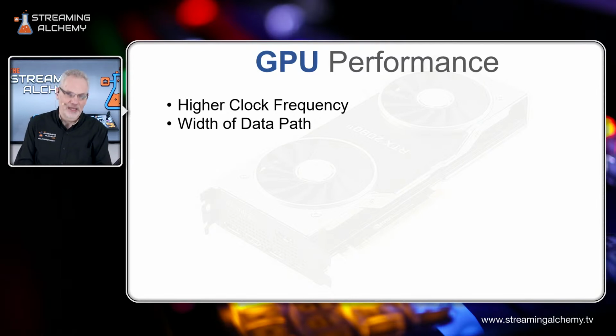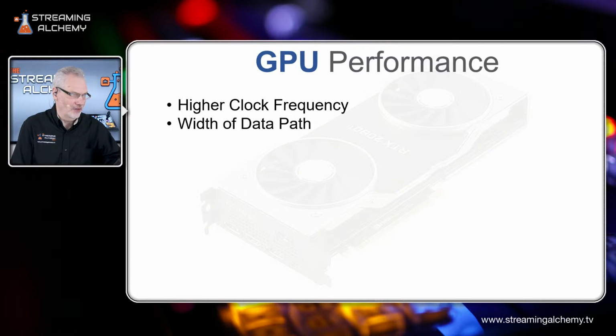Now, this is something that most people don't talk about, but the data that gets onto your GPU has to come from somewhere else. So when I'm streaming, it's using the PCI bus to pull that data, orchestrated by the CPU, out of memory and into the GPU to process and then back into memory.